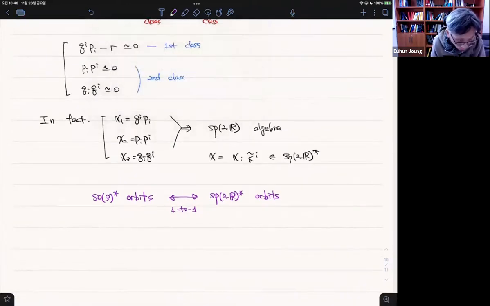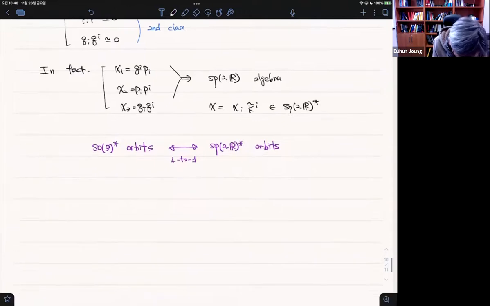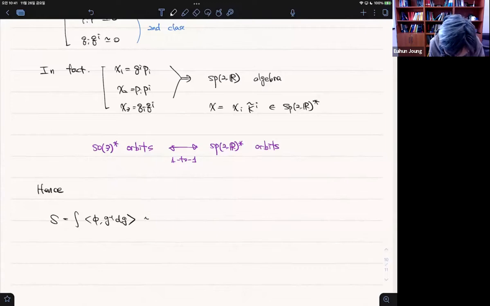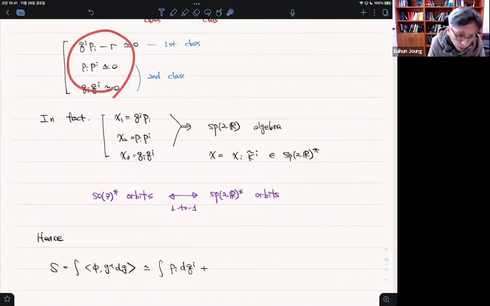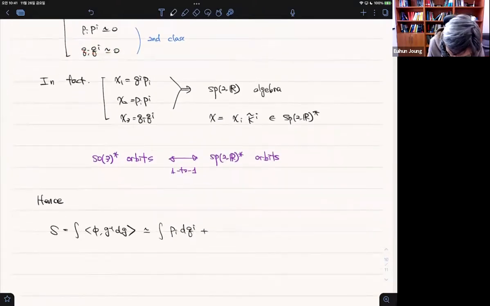So in the end, to recapitulate, what we get is the action simply phi G inverse dG. This action is equivalent to Pi dQi, and then we impose all these constraints. Then we need to introduce Lagrange multipliers. In this case, it happens to be the same line, because it's a special case.